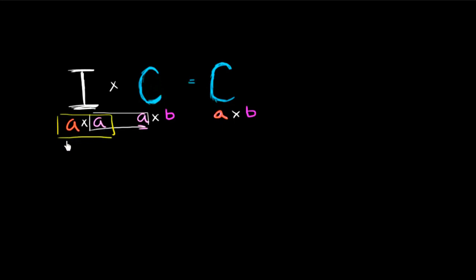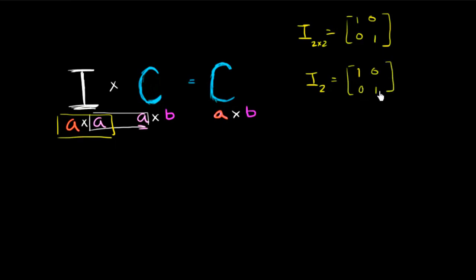When we think about identity matrices, we can really just ask, is this the identity matrix that is a 4 by 4? Is it a 3 by 3? Is it a 2 by 2? Or even a 1 by 1? The convention isn't even to write identity 2 by 2 is equal to 1, 0, 0, 1. The convention is to just write I2, because it's going to be a 2 by 2 matrix, so it's going to be 1, 0, 0, 1.